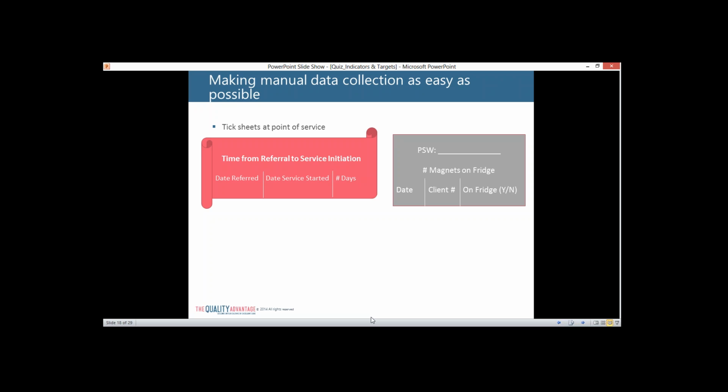If a process measure is looking at the time from referral to the time of service initiation, an intake clerk would easily have at their disposal the date of referral. They would also know the date of service initiation, and then the final column is just a derivation of that: the start date minus the referral date gives you the number of days. And this can be on the side of a clerk's desk, or in a computer on an Excel spreadsheet that's just kept each time someone goes through the process.